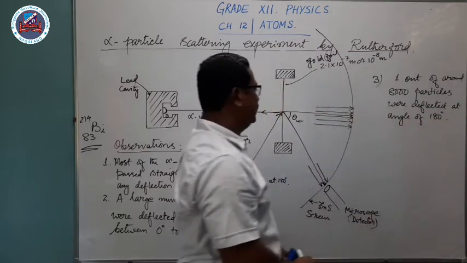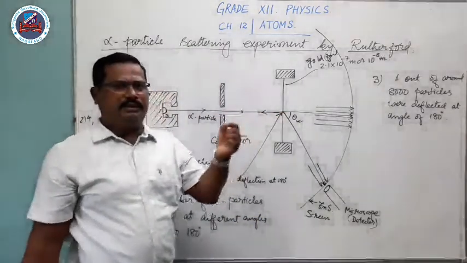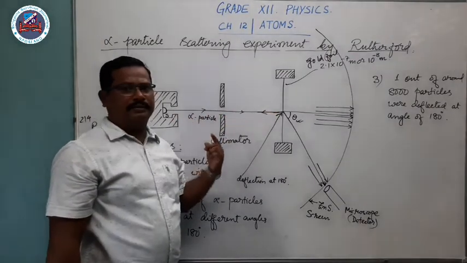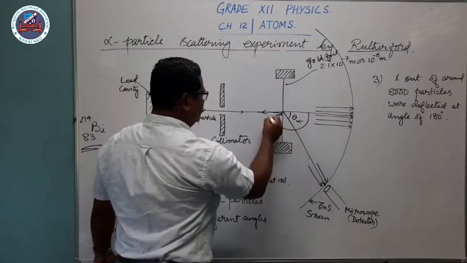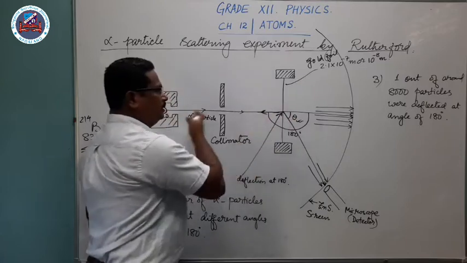They were deflected back. That means 1 out of 8,000, you can think very few of them are deflected back at an angle of 180 degree. That means going and returning back to the same path.